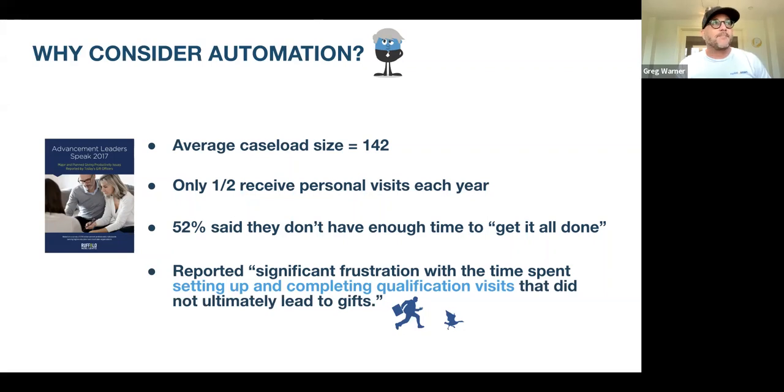The way I liken this is to wild goose chases, you know. If it's hard to set up those visits and it's hard to qualify people, but then when you finally do qualify them, they're not really the right people to talk to, or they're not ready, so they don't lead to gifts, it can be quite frustrating, especially when you already don't have enough time to get it all done.